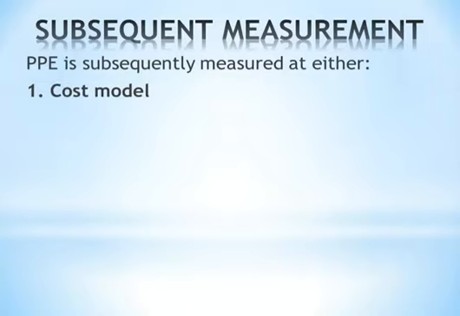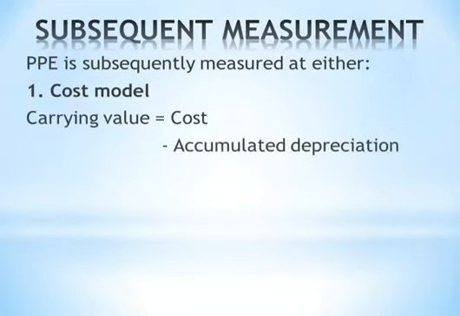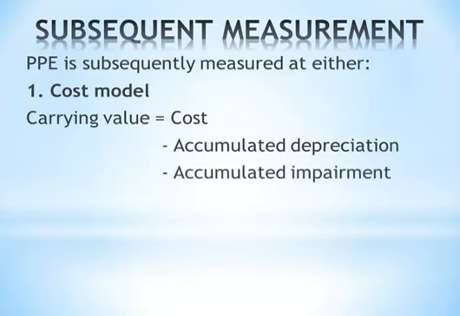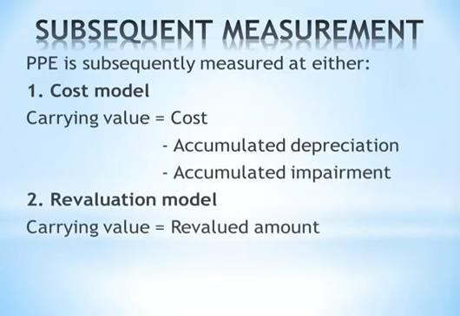The cost model states that in ascertaining your carrying value or carrying amount, you have to get the cost of the asset, which we discussed under the initial measurement. Then you less the accumulated depreciation, and then you less the accumulated impairment. Then under the revaluation model, to ascertain your carrying value, you pick the revalued amount.